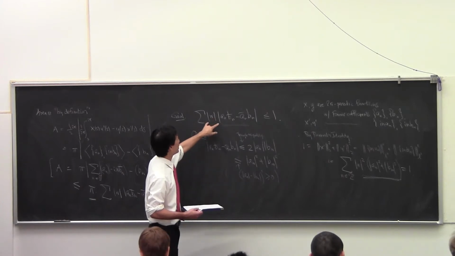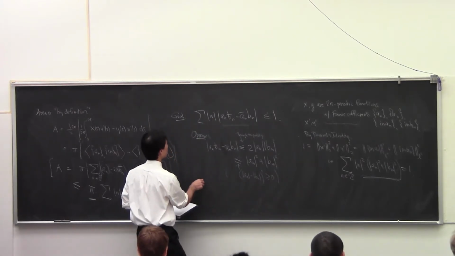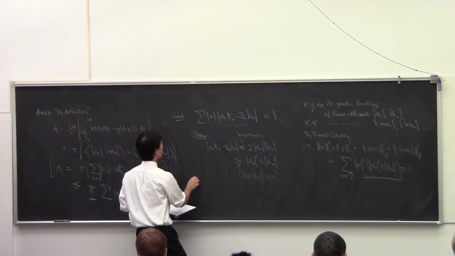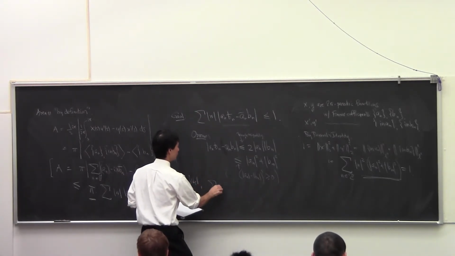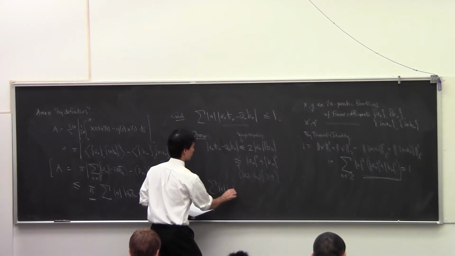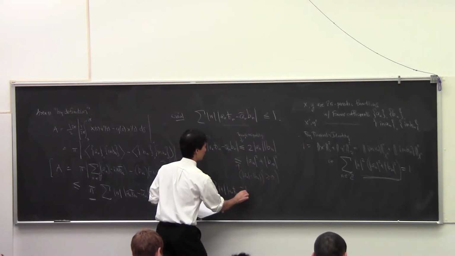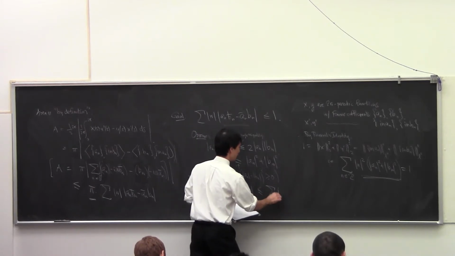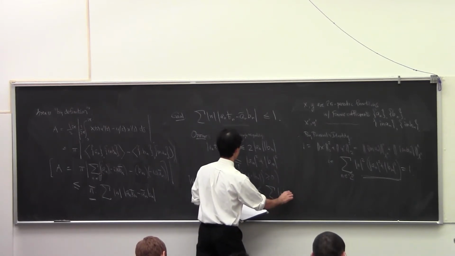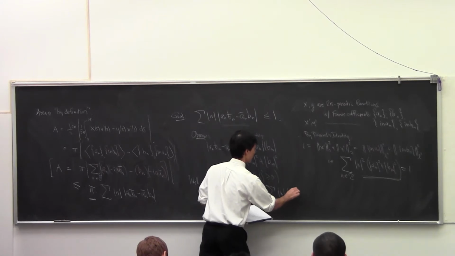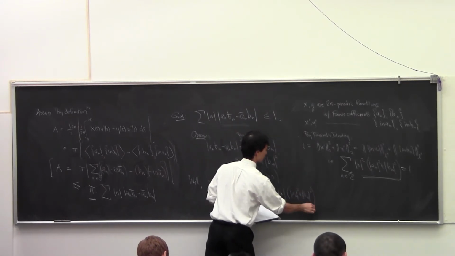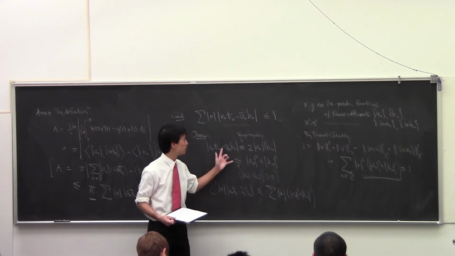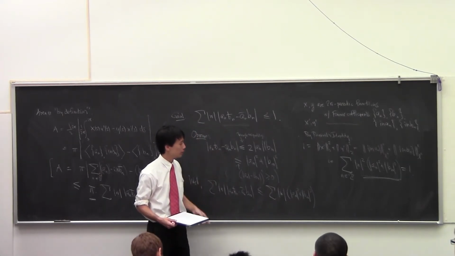This thing which we wanted to bound by 1 is clearly bounded above by n times a_n squared plus b_n squared, by the simple observation we just made.